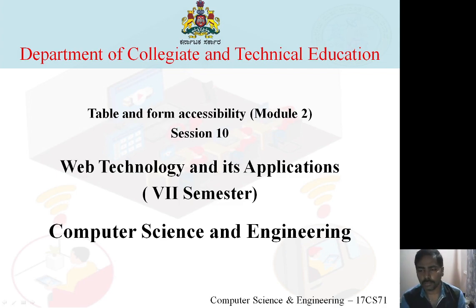So now in today's session let me discuss table and form accessibility. I think all of you remember we have already discussed HTML tables. Clear? So now in this session I'm going to discuss, suppose I want to give a caption for the table.